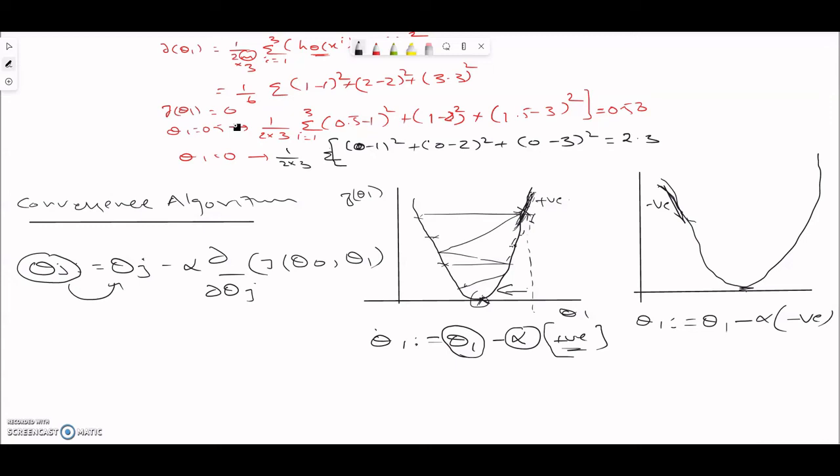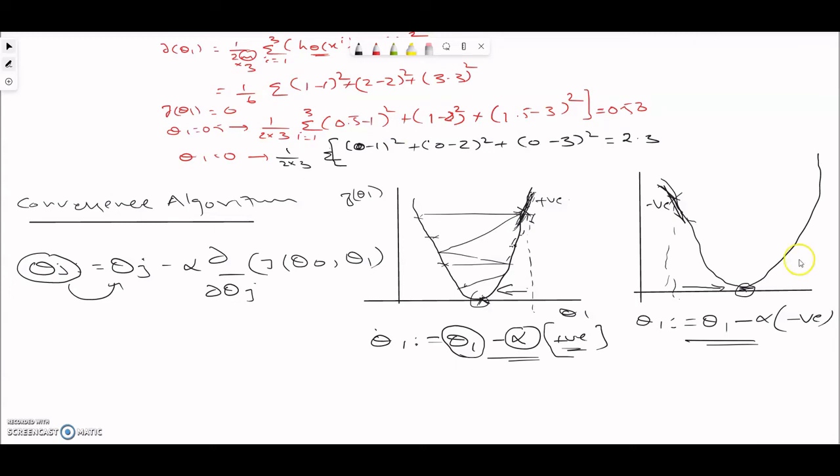If your slope is negative and you have a point here, the point moves from here to here, and it will come nearer and nearer to this point so that it reaches the minimum. Definitely these equations are going to help find the global minimum point, which is very important.